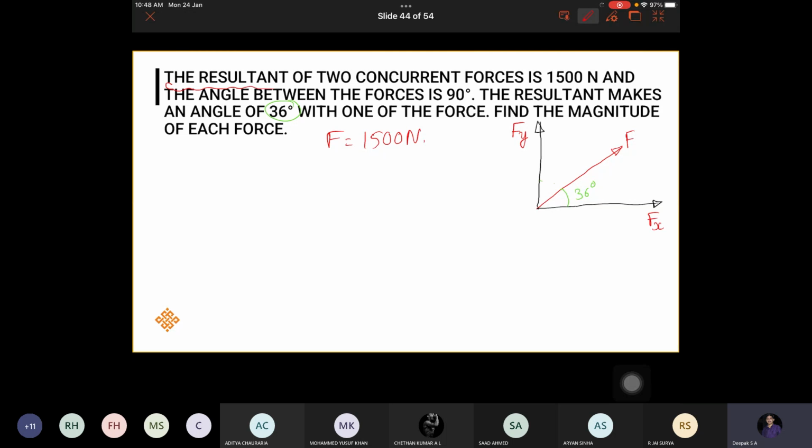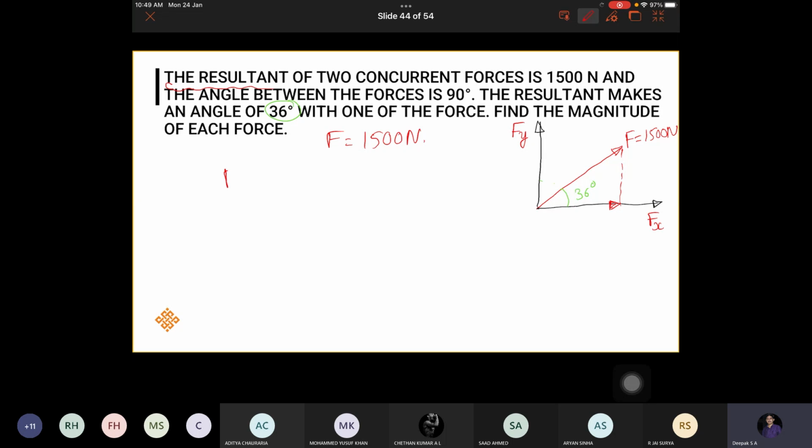See, now you make a right angle triangle from this force F. If this F value is known, then according to trigonometry, can you find the value of Fx?